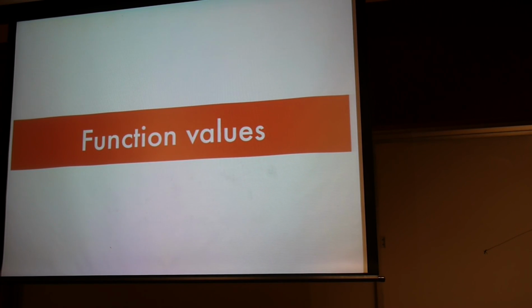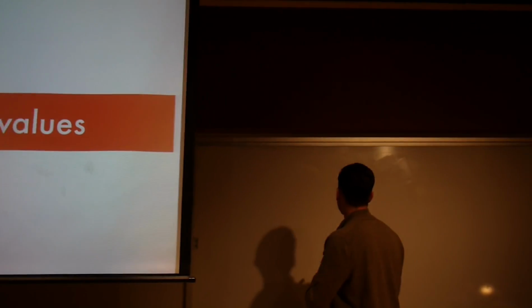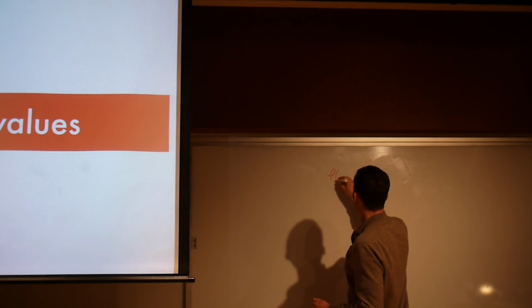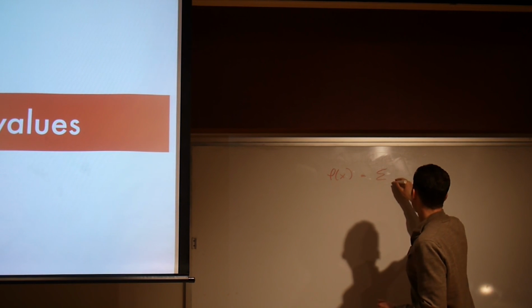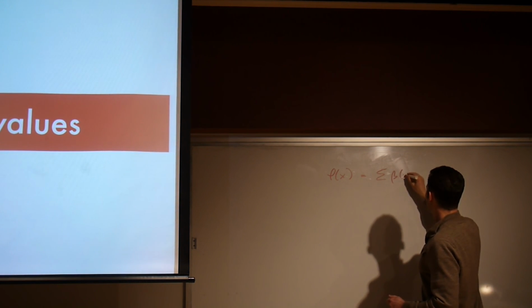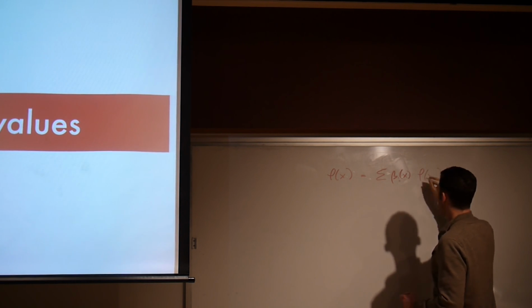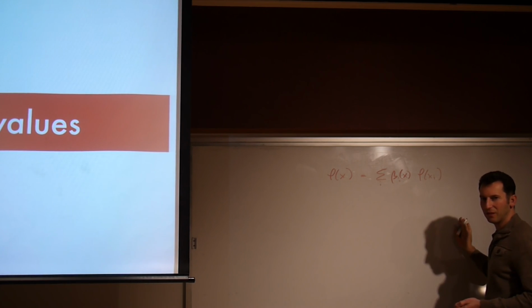Well, suppose, for instance, I know afterwards that phi of x is going to be given by some of the coefficients beta i of x, phi of x_i.